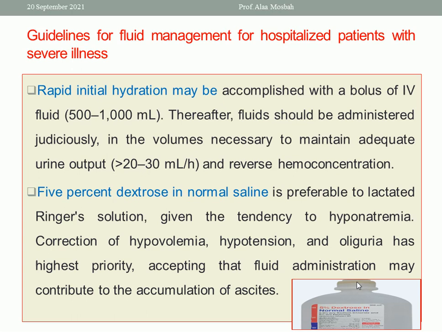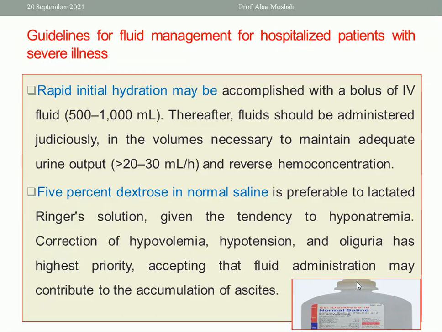Rapid initial hydration, bolus intravenous fluid with 500 to 1000 milliliters. Thereafter, fluid should be administered wisely in the volume necessary to maintain adequate urine output, more than 20 to 30 milliliters per hour, and reverse the hemoconcentration.